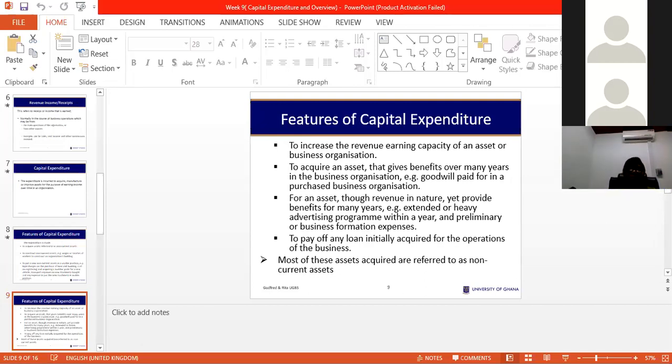There are also some loan agreements that suggest that you pay the interest separately and pay the loan. So when you are paying the interest separately, it is regarded as a revenue expenditure. So interest is revenue expenditure. Are you okay? Okay, so that is it.